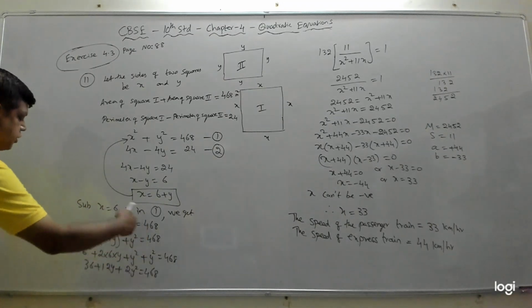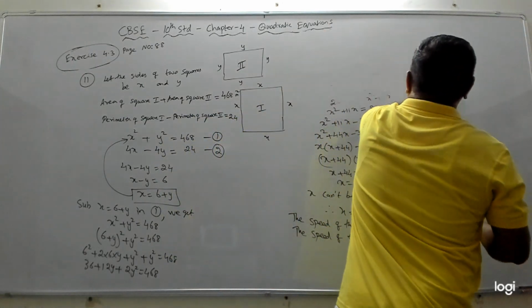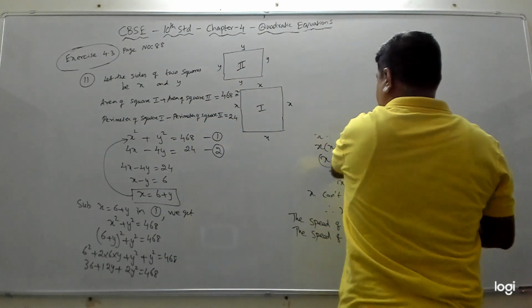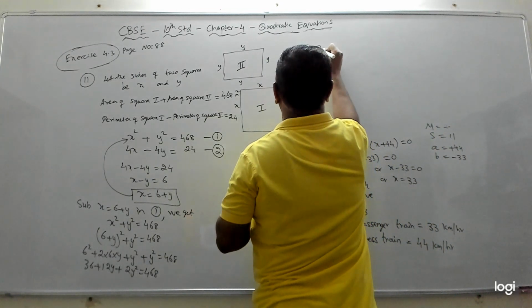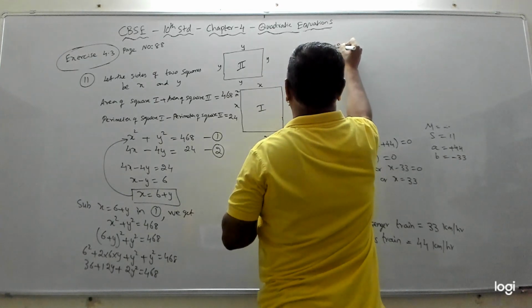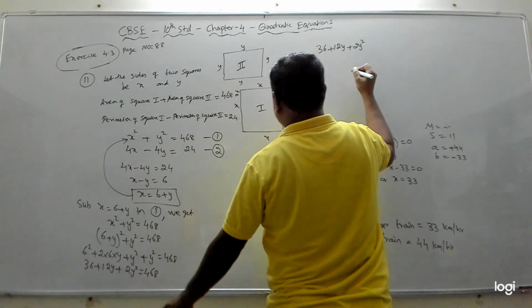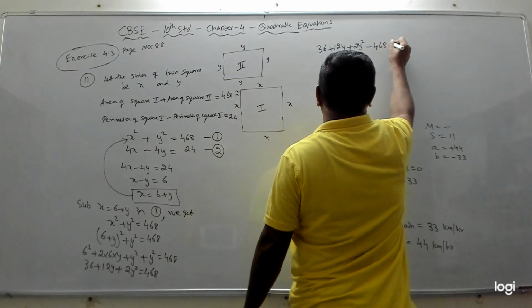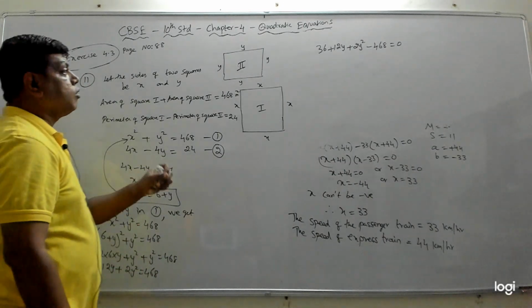Now we bring this 468 also to this side. If we do that, we get 36 plus 12y plus 2y square. Now 468 comes to this side, it will become minus 468 equal to 0.